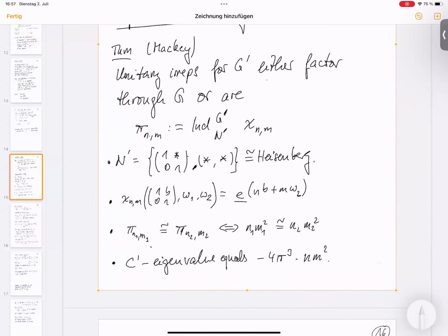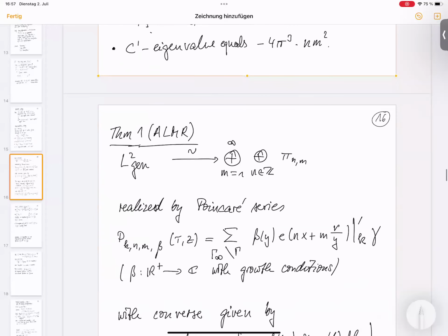And that means also that this Casimir C prime really detects isomorphism classes of these representations, because the eigenvalue on that representation is, well, the prefactor is an artifact of normalization, but here you really see the representation. Okay, so this means we know the genuine part; keep in mind those that factor through G will not appear in the genuine part that I said I really want to analyze.